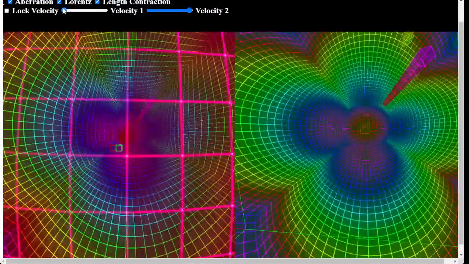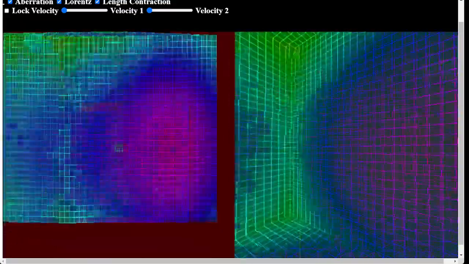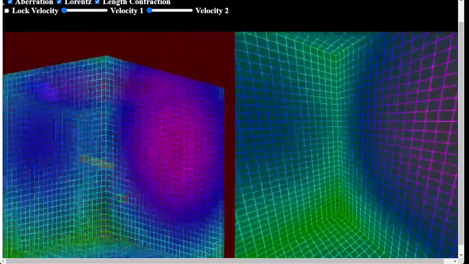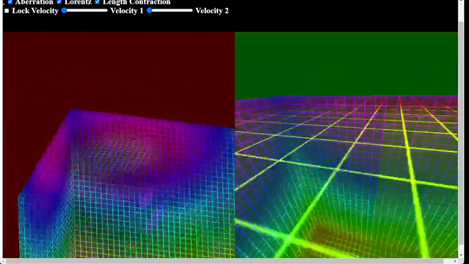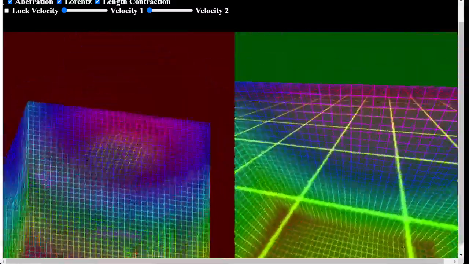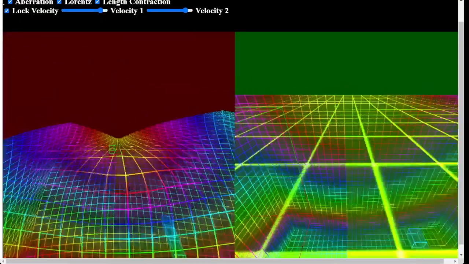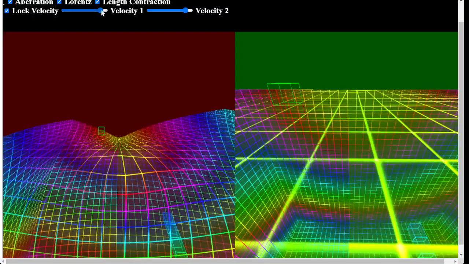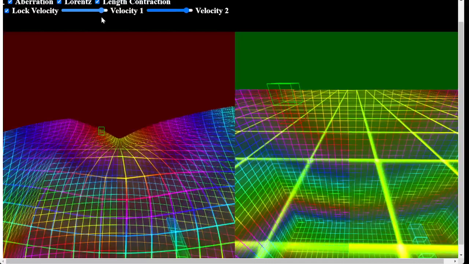If I'm not moving so fast, then I see a more uniform coloring. But this green spot on the floor, as we advance together, that green spot goes towards the direction of the velocity.